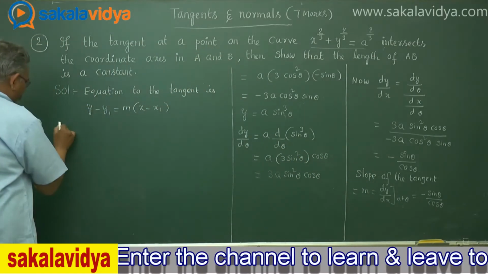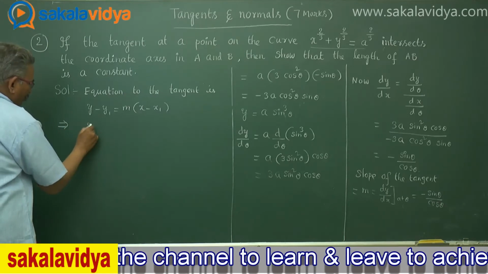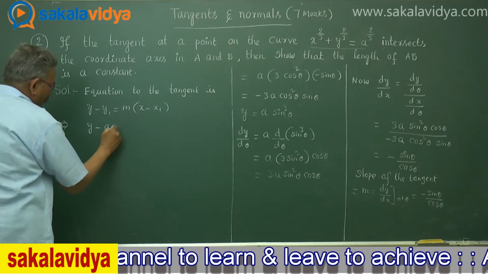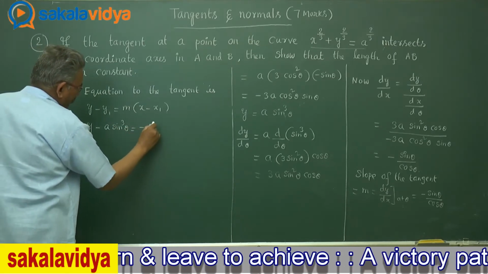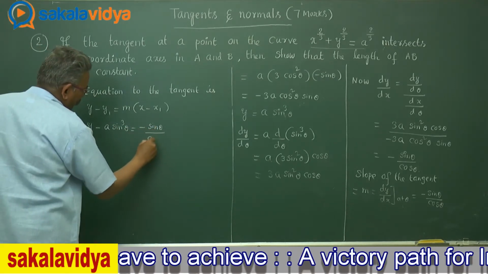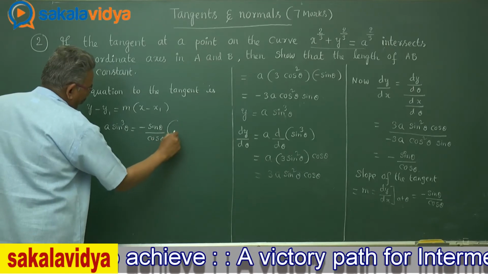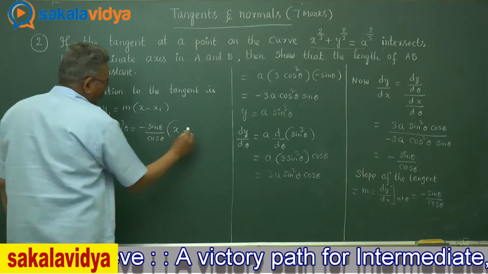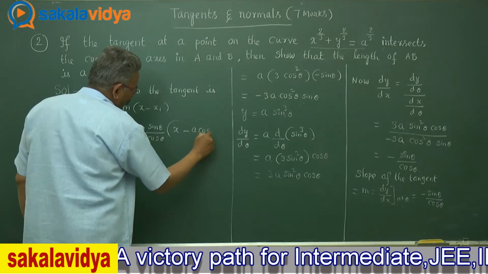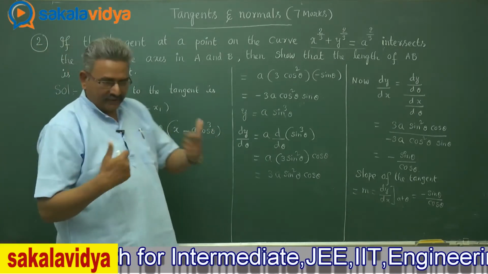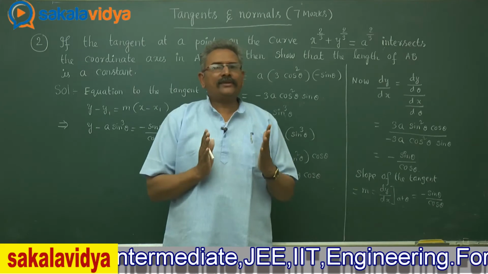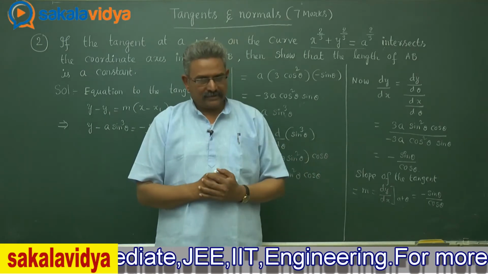So now we get y minus a sin cube theta equals minus sin theta by cos theta times x minus x1, which stands for a cos cube theta. In the planning session we discussed that we need to find the x-intercept and y-intercept of a line.